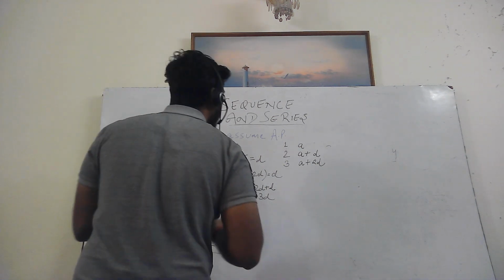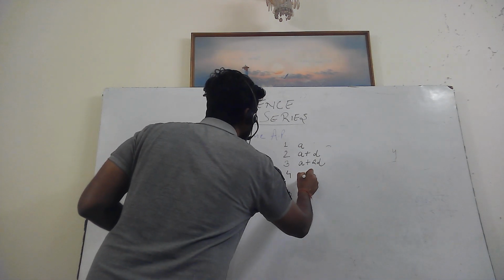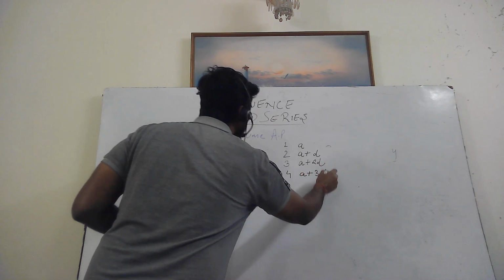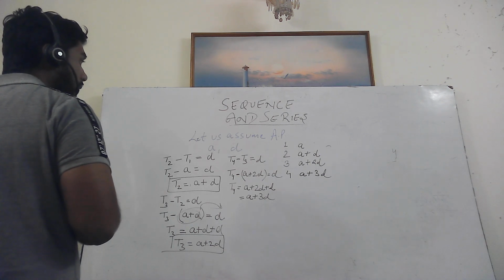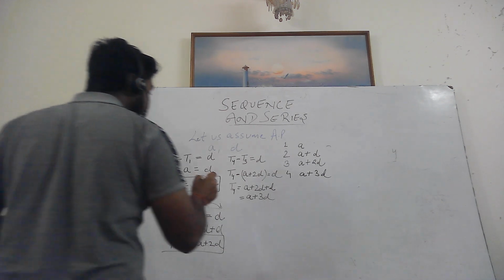So the T4 becomes A plus 3D. Very good. Clear? Let's talk about the nth term.